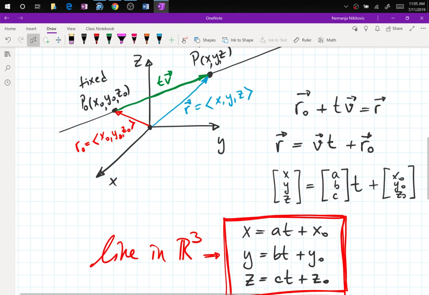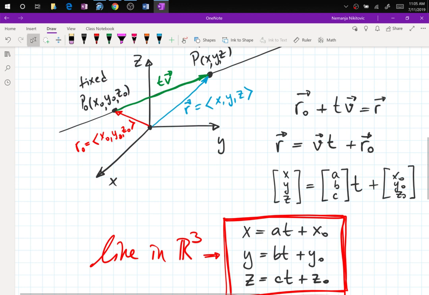You could have just put vector m or whatever. See, this vector v is multiplied by a scalar quantity t. So we don't have to worry about t. We saw that t worked out to be our parameter for the parametric equations. But we don't have to worry about t in the explanation because it's a scalar quantity that multiplies vector v.